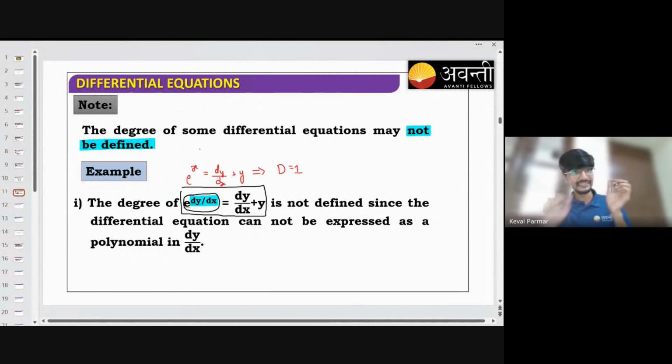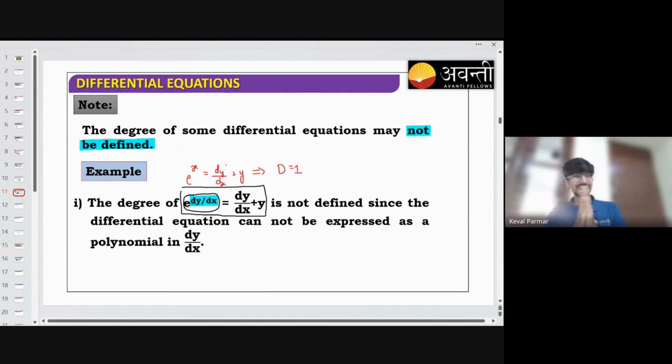Because there is an exponential function, but no differential coefficient is present in the exponential function. This is x, so what difference does x make? What are we going to look at? We are looking at dy over dx. That means my variable is dy over dx. So here what is the power of dy over dx? 1. That means the degree is 1.